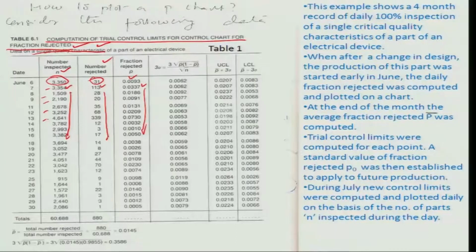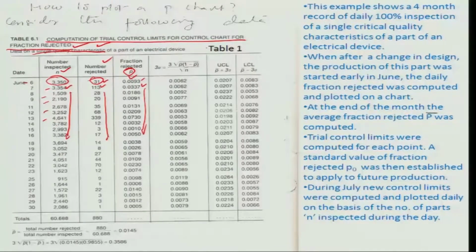That is one good issue about computing this particular control chart, and the number rejected also accordingly varies. What is interesting to see is that the percentage rejects is also varying quite a lot, because obviously the fraction rejected when the subgroup size or the sample size is too large would tend to be the sample average of the whole distribution.